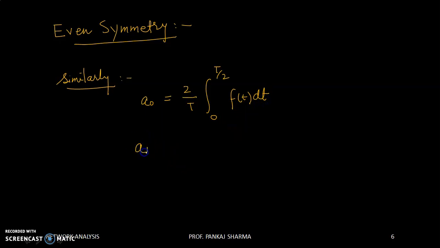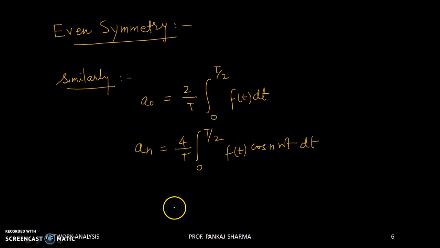That is, an is equal to 4 by T integral from 0 to T by 2 of f of t cos of n omega t with respect to dt. And we know that for even symmetry bn is equal to 0.